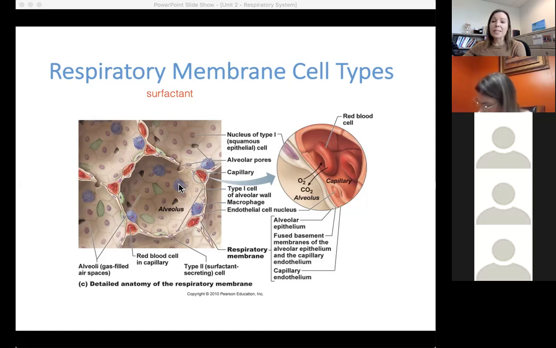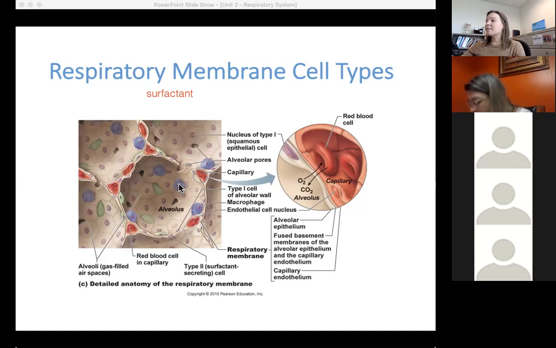They're protecting the lungs. If you inhale anything bad, hopefully these macrophages can destroy it before it gets into your bloodstream and spreads through your body.